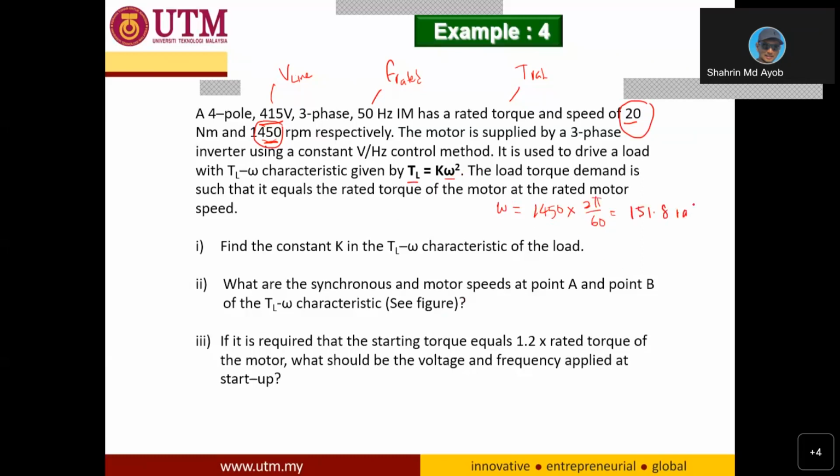151.8 radian per second. So your K, torque load begini, this one. So kat sini information ni kenapa dia bagi tahu bahawa kalau speed is 1450, dia punya torque is 20, that's why.